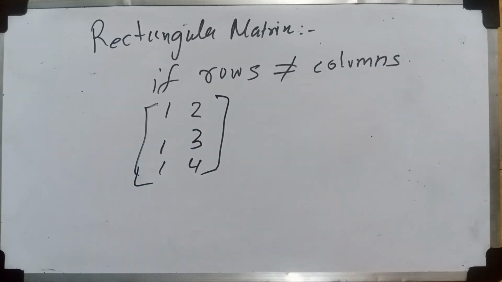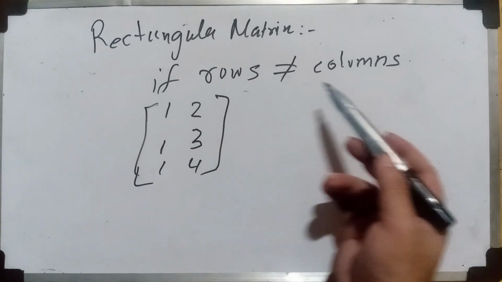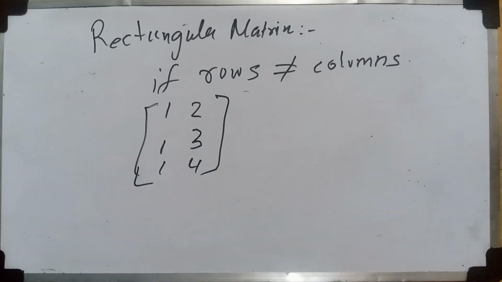So as long as the number of rows and columns are different, it's called a rectangular matrix. A row matrix is a type of rectangular matrix. A column matrix is also a type of rectangular matrix, but it's categorized into a very specific subcategory. It just has to say that if the number of rows and columns are not matching, it's called a rectangular matrix.